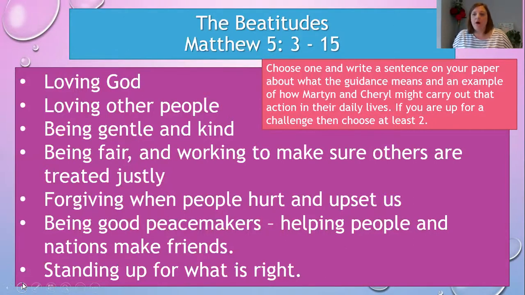Forgive when people hurt and upset us. Be good peacemakers, helping people and nations make friends, and stand up for what is right. They all sound really, really good, positive values to have and rules to follow in life.